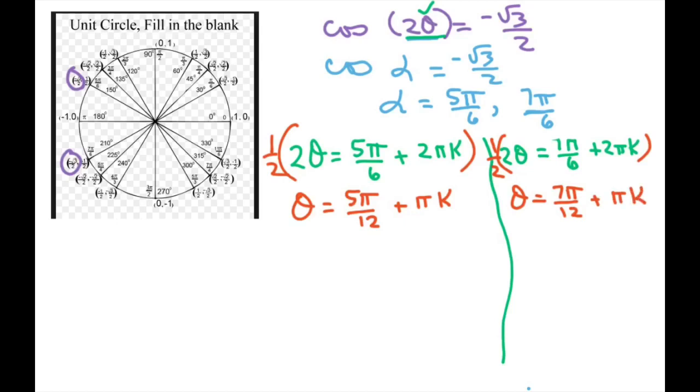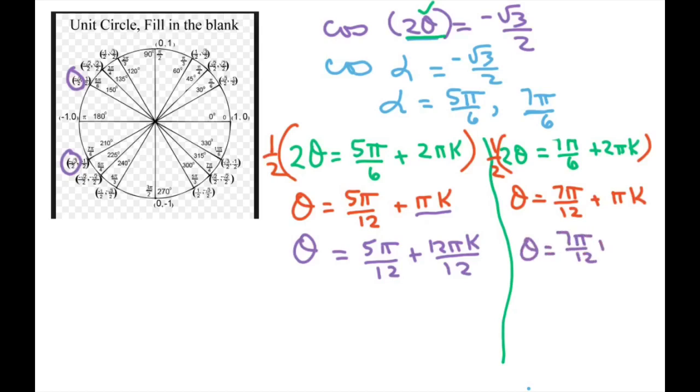And let's do our common denominator. For this part, theta equals 5 pi over 12 plus 12 pi k over 12. Same over here, just so we can have the same denominator.